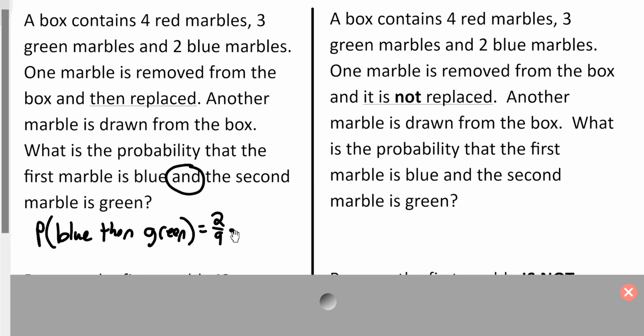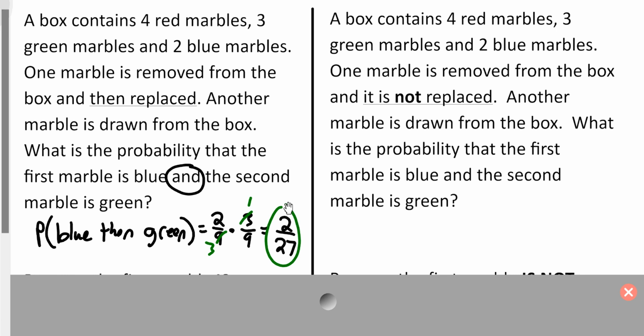Multiplied by the probability of getting green, which is 3/9 or 1/3. We can multiply and reduce, or we can reduce diagonally. Ultimately, you get 2/27. So I'm changing this to be 1/3, and I get 2/27. That is my probability: a blue, then a green.